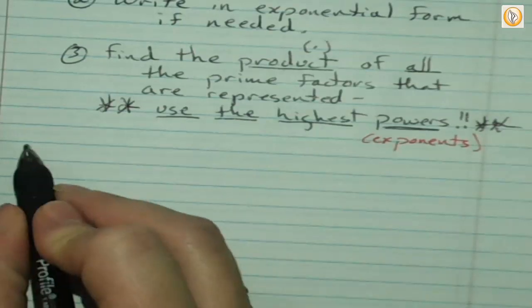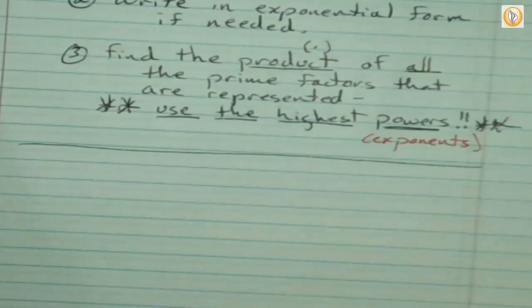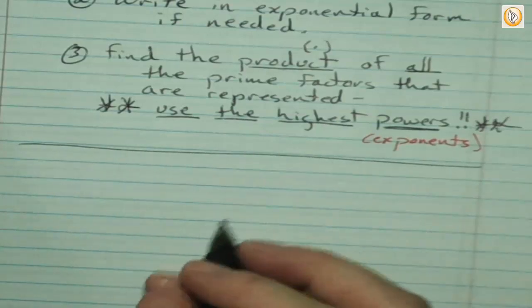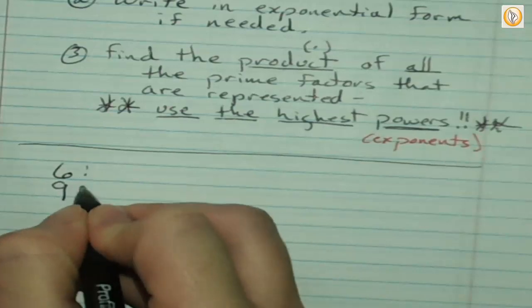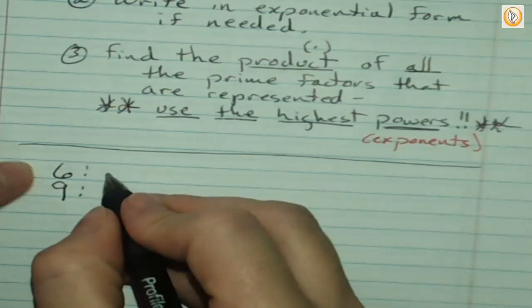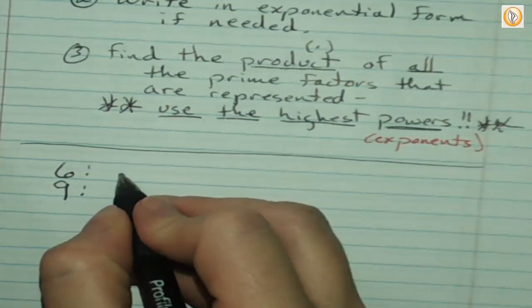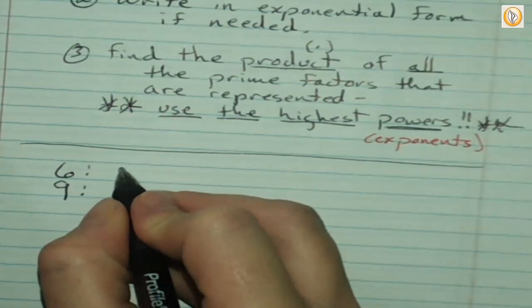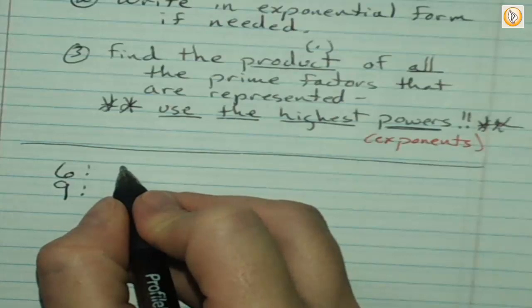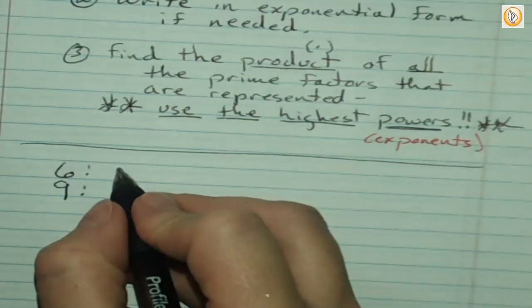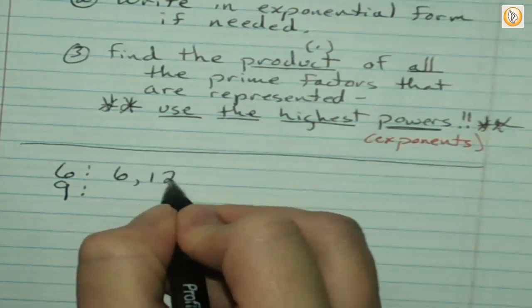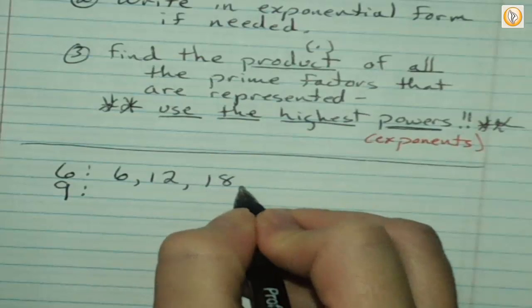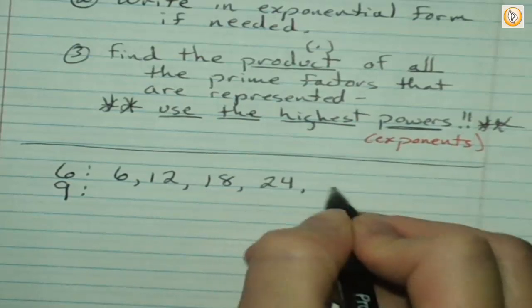All right, so real quickly, just to recap, least common multiple. Let's say I have 6 and 9. Tell me all the multiples of 6. 1? Nope. These are multiples, not factors. Oh, nope, that's a factor. 6. 6 is the first one. 12. 18. 24. 30.